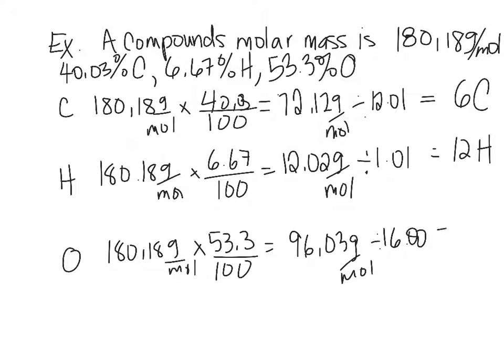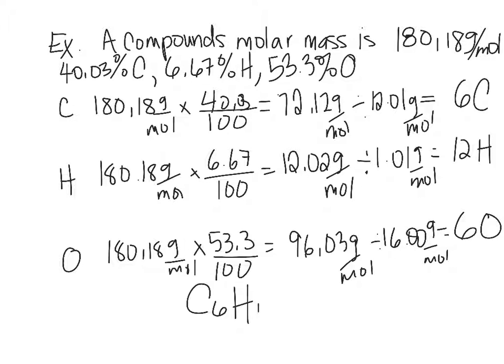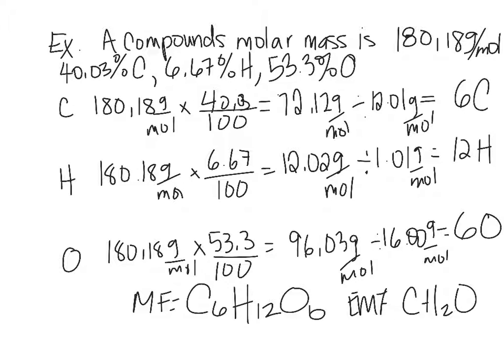All right, so it's just 6. So that gives you your molecular formula. Reduce it, and you've got your empirical formula. There we go. So that is how you're going to do it.